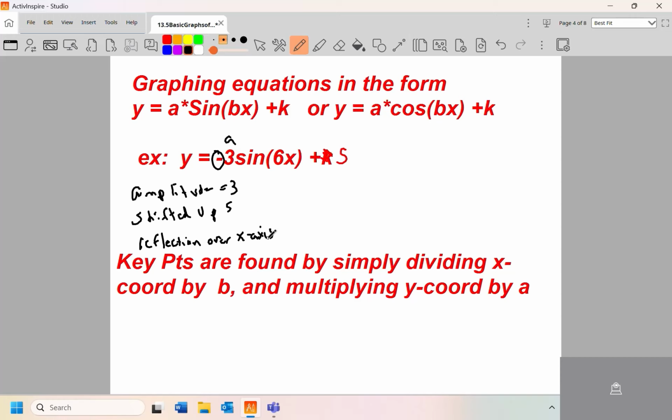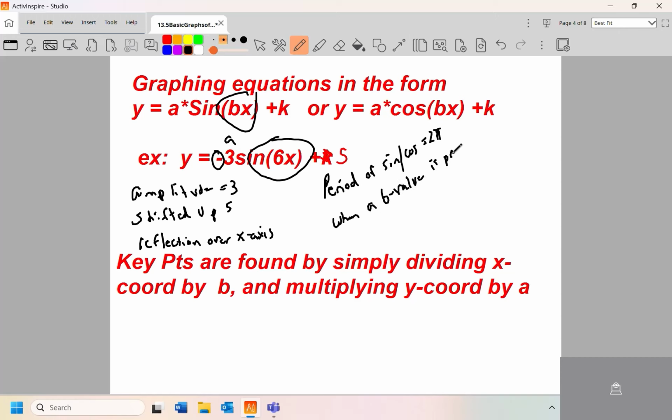And a big thing here is this bx. Now, the period of sine or cosine is 2 pi. Doesn't matter which one it is, it's twice pi. When a b value is present, this is the horizontal stretch or compression.